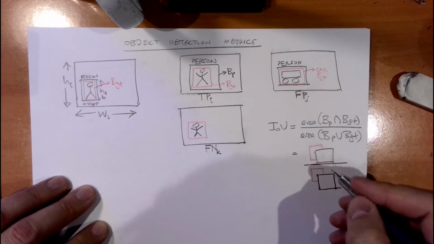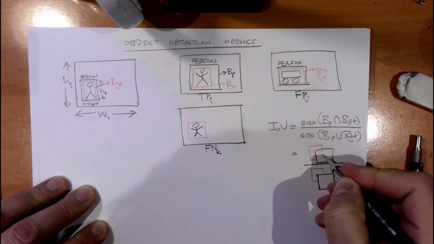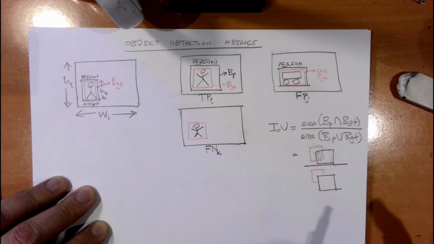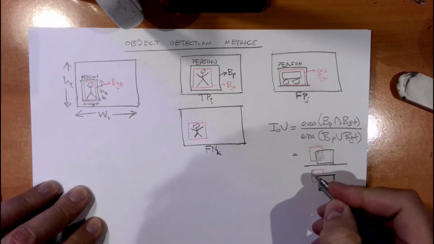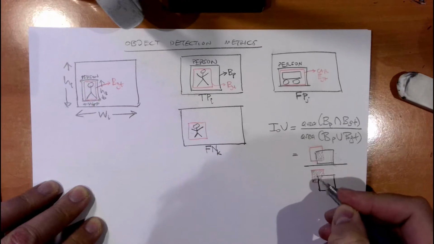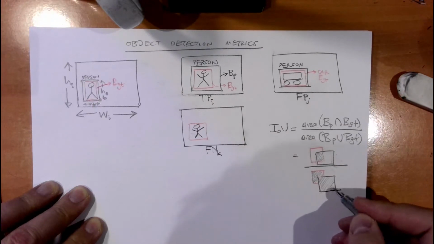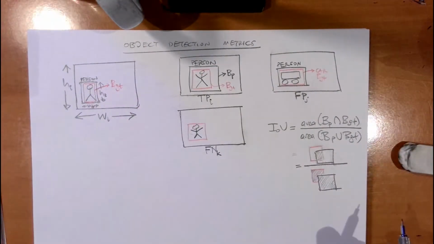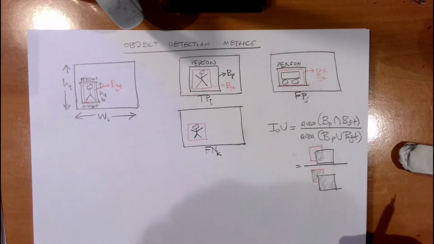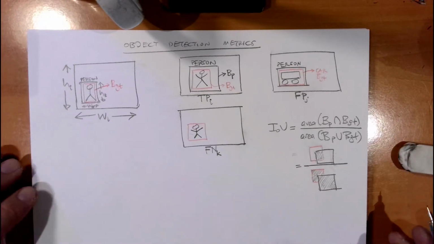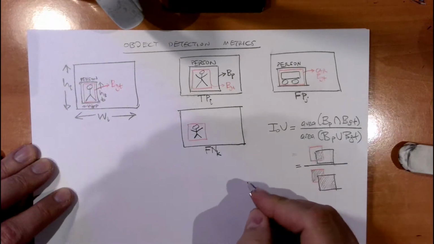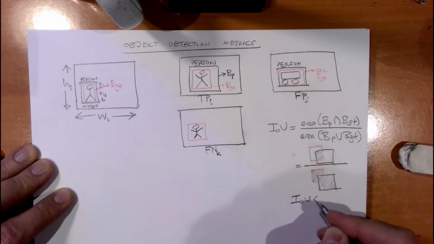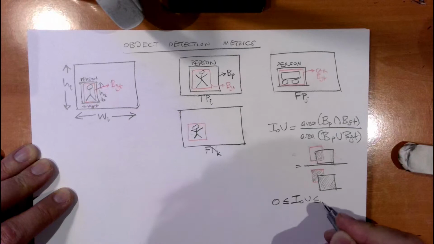The intersection of these two bounding boxes in the numerator is this area over here, and the union is this area over there. And it's not difficult to see that as these two bounding boxes can come on top of each other in the perfect case, or be completely separated, the intersection over union could be as small as 0 and as large as 1.